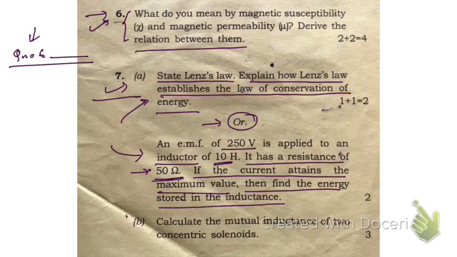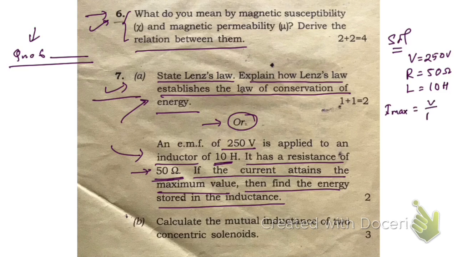So let me solve here. It is given that the voltage supplied is 250 volt, resistance R is 50 ohm and inductance is 10 Henry. So the maximum current Imax will be given by V by R, which is equal to 250 divided by 50. That's going to be 5 ampere.